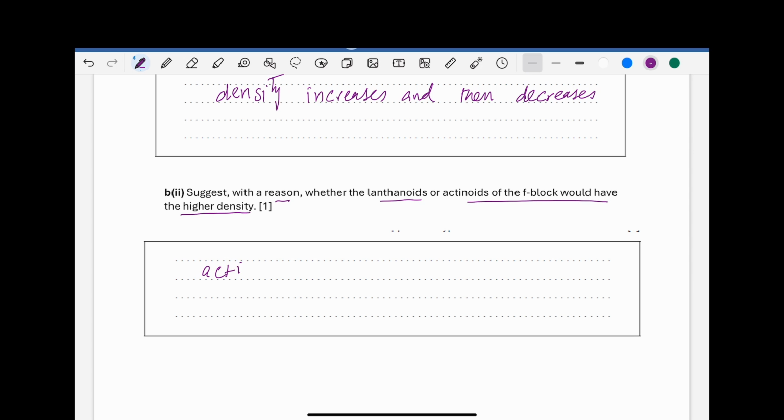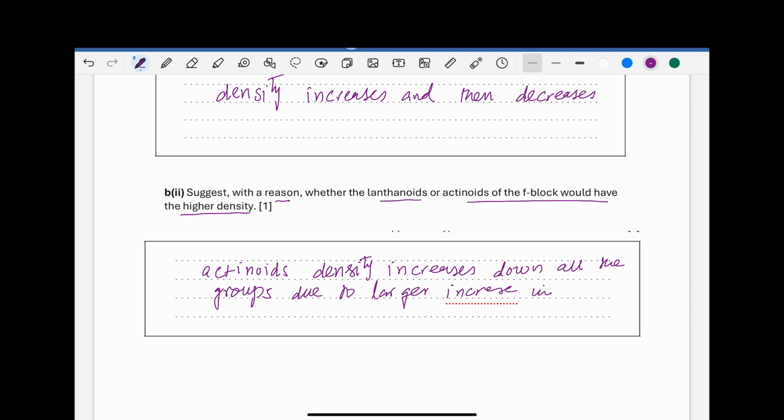So actinides, and the reason why is that density increases down all the groups, due to a larger increase in atomic mass.